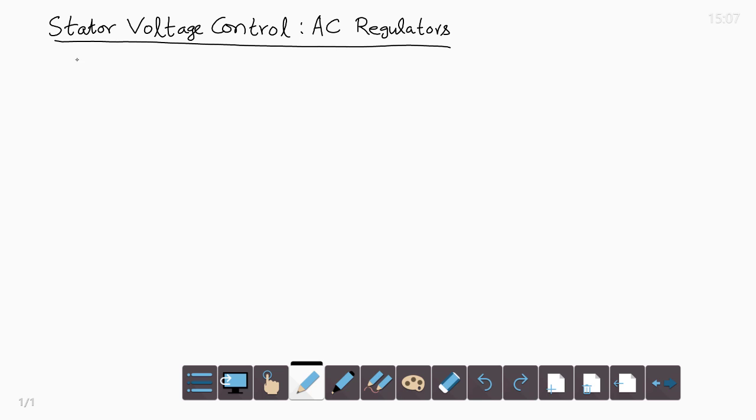So, we are discussing fan and pump type load. TL is proportional to omega m square.